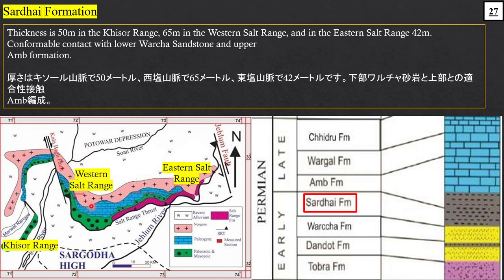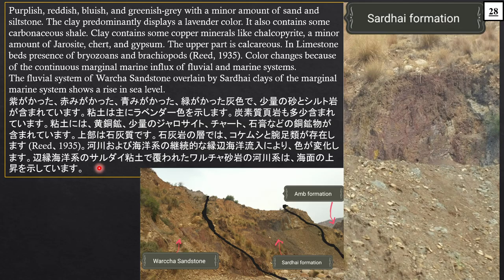In the western side the Sardhai Formation is highly thick, because the marginal marine system is well developed in the western side of the range. The multiple different colors present in the Sardhai Formation represent the marginal marine system, because of the continuous influx of fluvial and marine systems. It is in conformable contact with the Amb Formation on the upper side, and with the Warchha Sandstone on the lower side.